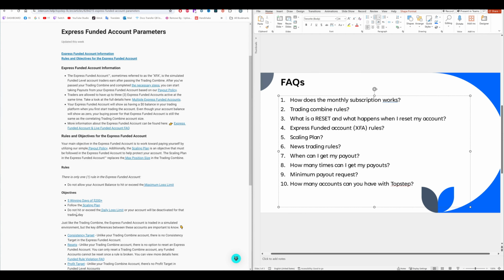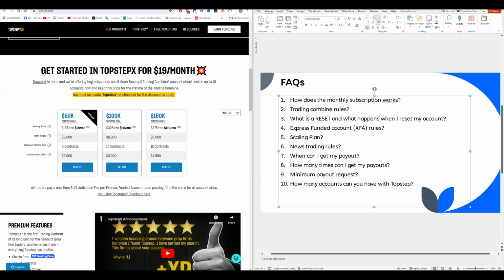And the third rule is not to let your account go to the daily loss limit, which for 50K is $1,000, and it's still that drawdown amount, it's still the same when you go to the express funded account. But the good thing is that the $2,000 is on a fresh new account. Whenever you hop on an express funded account, that $2,000 will trail every day up to the initial balance of 50K.